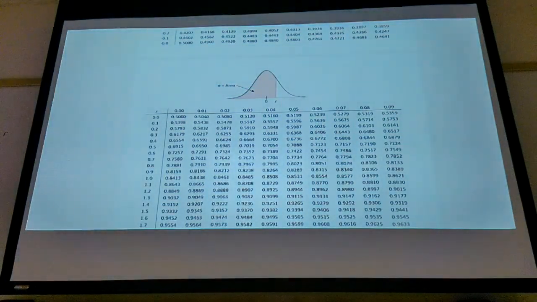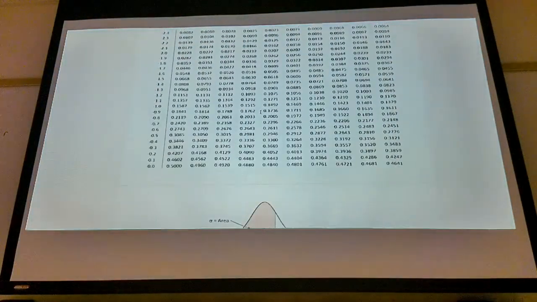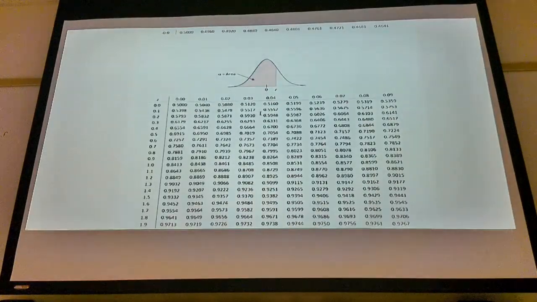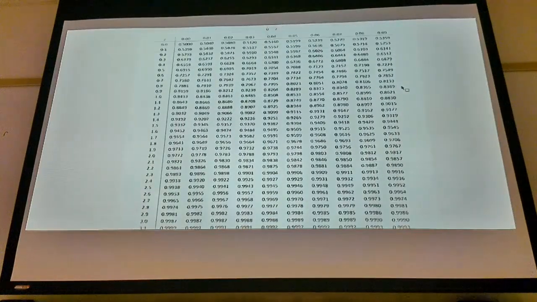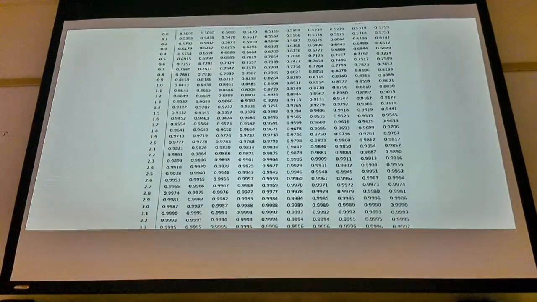So you come over to the table. You want this page, because we're to the right of 0. So you want to look in the body for 0.9429.